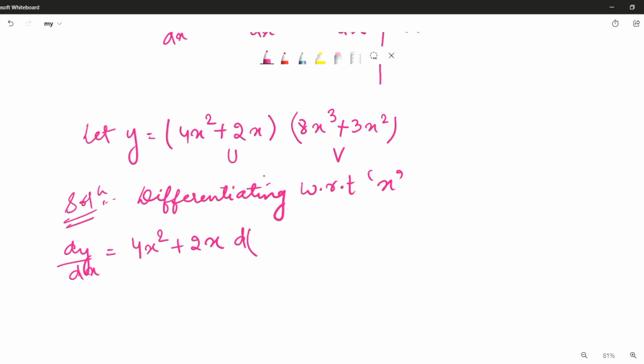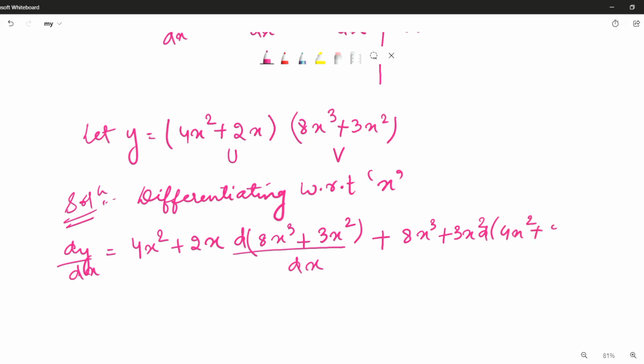Now differentiating v, that is 8x cube plus 3x square by dx, plus taking v as constant, that is 8x cube plus 3x square, differentiating u, that is 4x square plus 2x by dx.